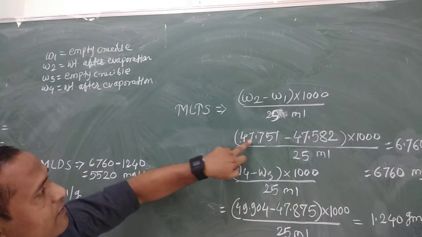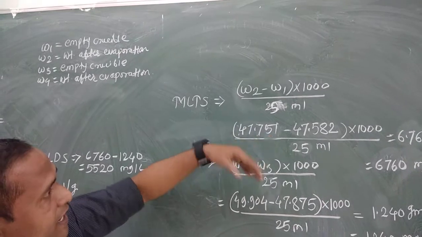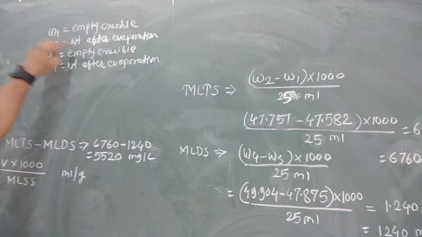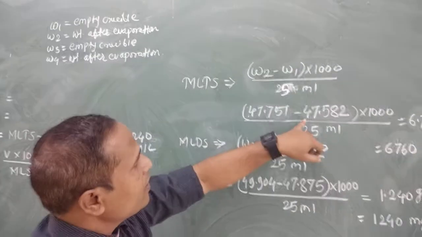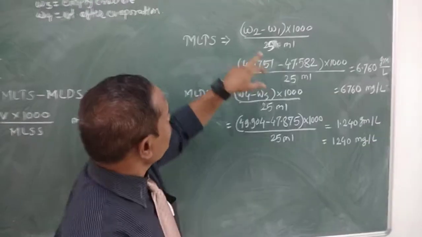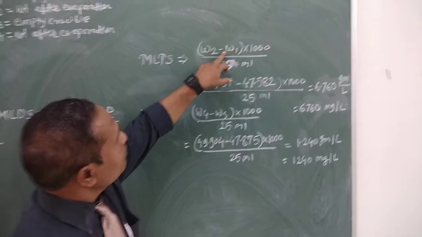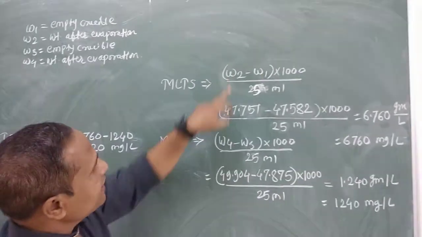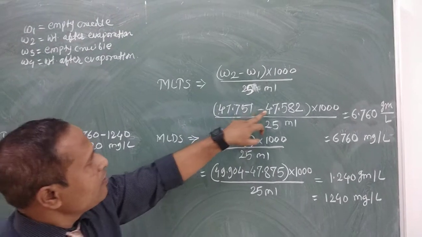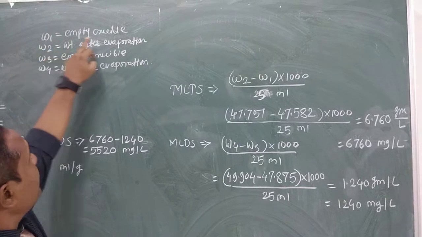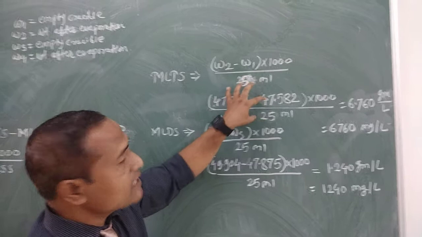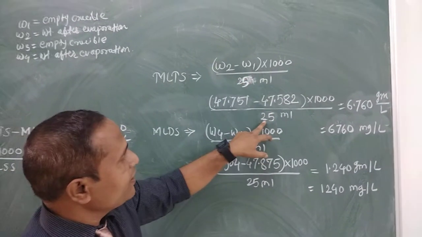The empty weight of the crucible was 47.582, and after evaporation, that is W2, the weight will be 47.751. From W2 minus W1, that is 47.751 minus 47.582, this is the weight difference for 25 ml.